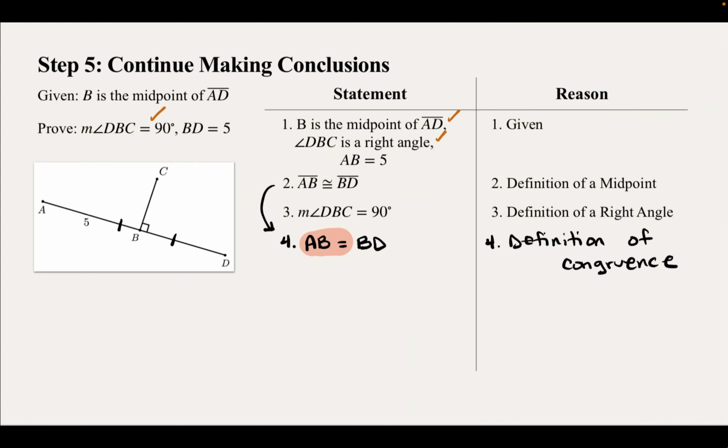So now let's look at what we've got here. We have AB is equal to BD, and we have AB equals 5. What does that mean? Well, if AB is equal to 5 and it's equal to BD, that means BD is equal to 5. And that is by the transitive property.